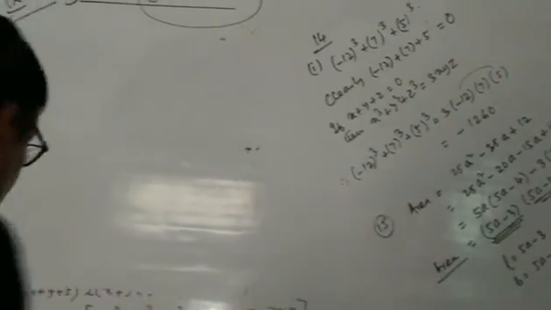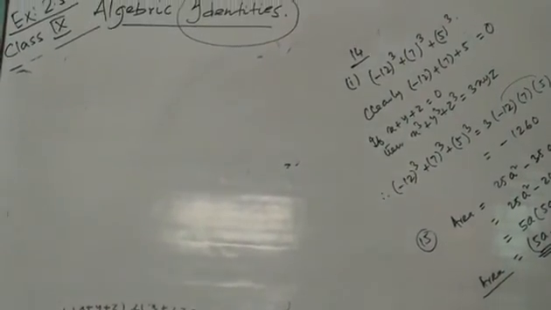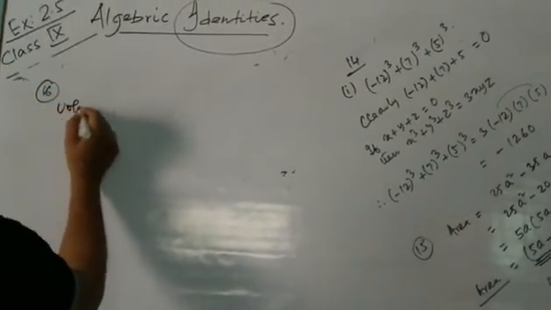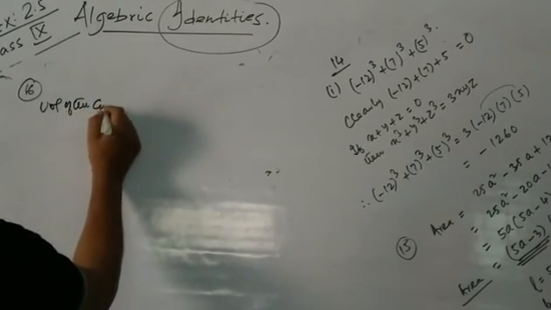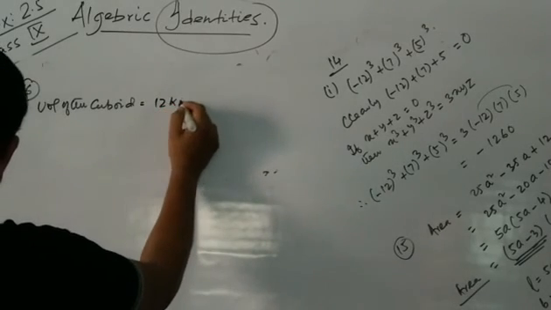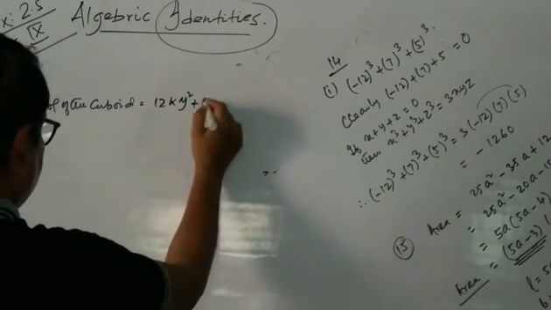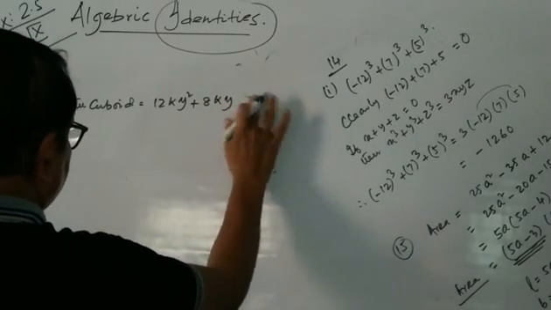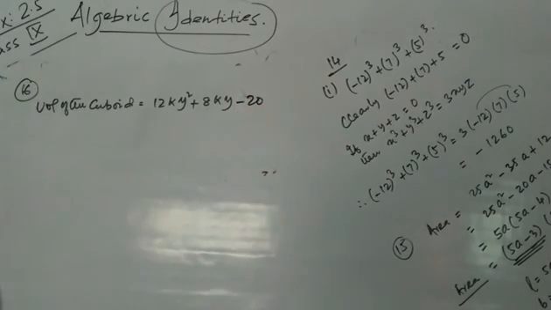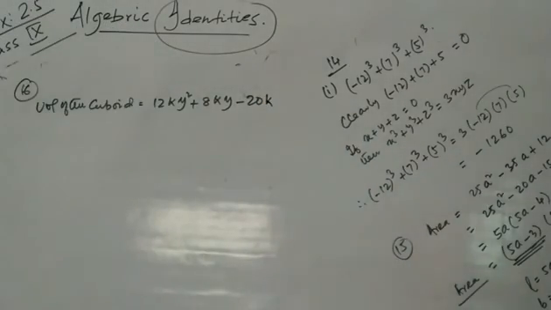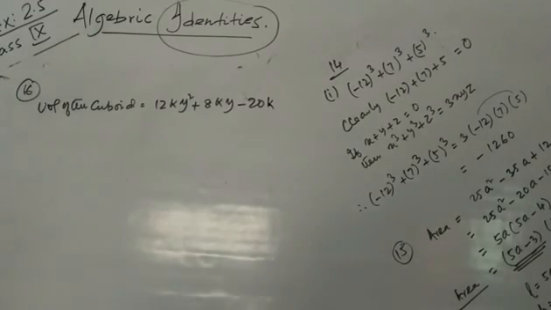All possible expressions for the dimensions of a cuboid whose volume is given as 12ky² + 8ky - 20k. And you have to find the dimensions, that means all three: length, breadth and height.